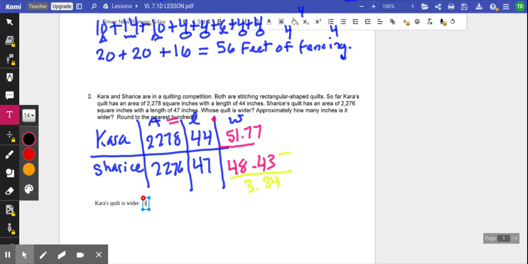So it is about 3.34 inches wider. Round to the nearest hundredth. Yes, I did. Okay, we're good.